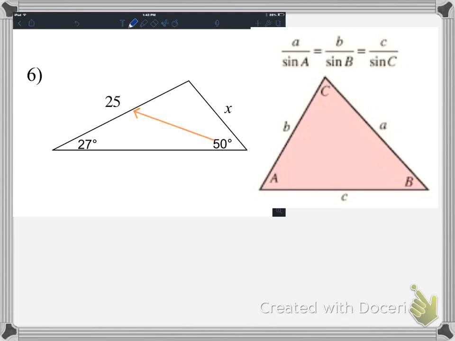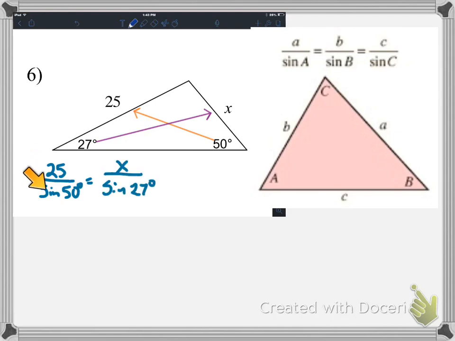So, if I'm standing at this angle, which has a measure of 50 degrees, this side opposite me has a length of 25. That is what I'm going to use in my law of sines problem. And then the other one is 27 degrees. Opposite that is what I'm looking for. That's the unknown.